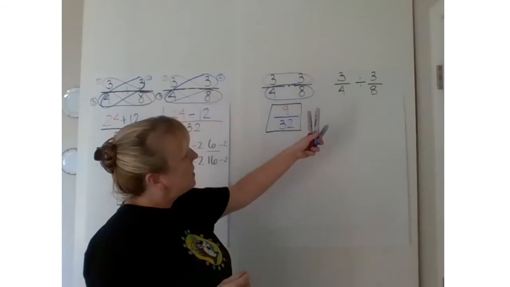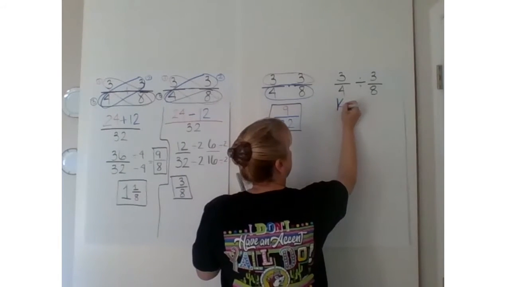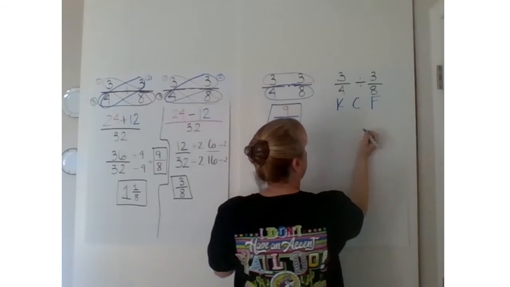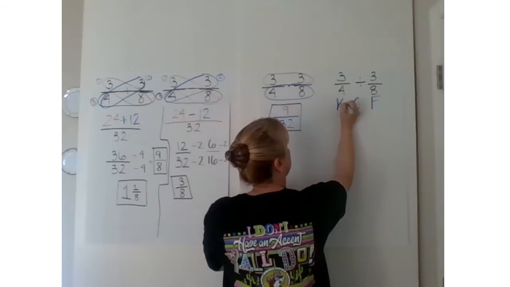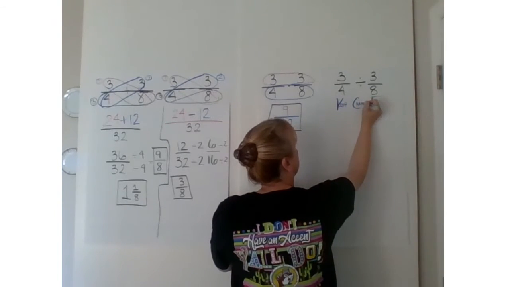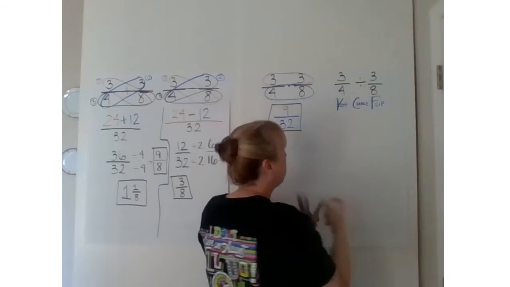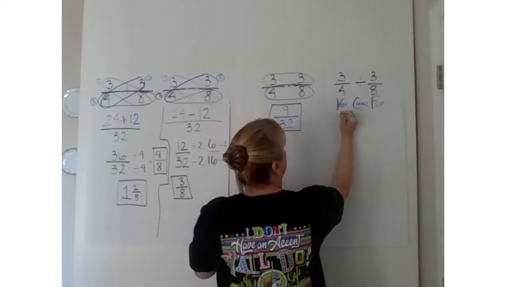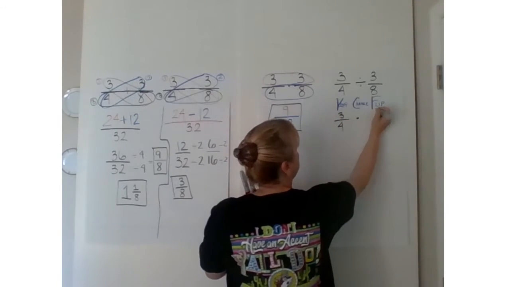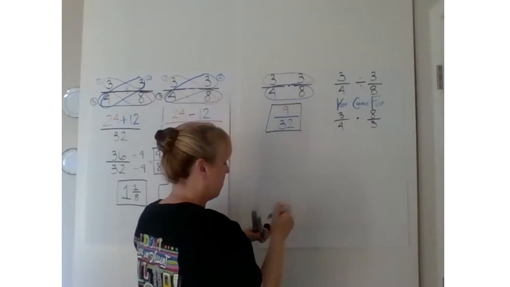Okay. On division, if you remember, keep, change, flip. All that means is we're going to keep 3 over 4. We're changing it to multiplication, and we're going to flip our 3/8 to 8/3.